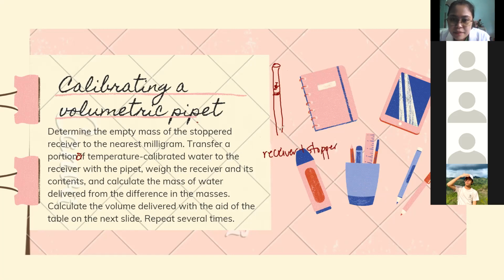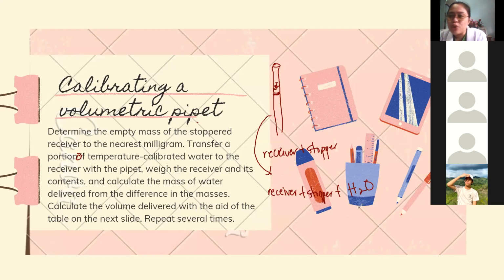And then, pag-transfer sa water using the pipette, i-weigh na to ulit ang receiver. So this time it's the receiver plus the stopper plus the water na. So we have two masses na. Receiver plus stopper plus water.